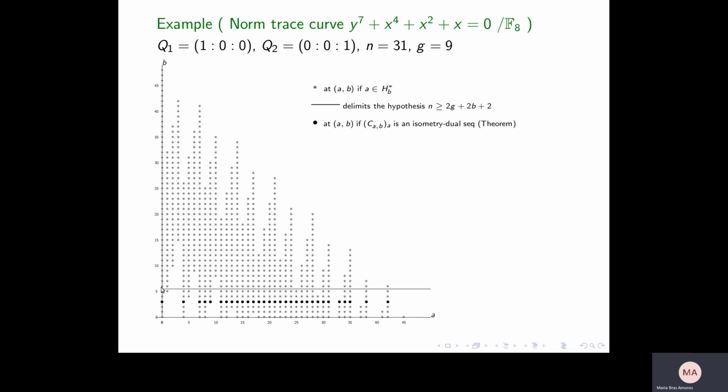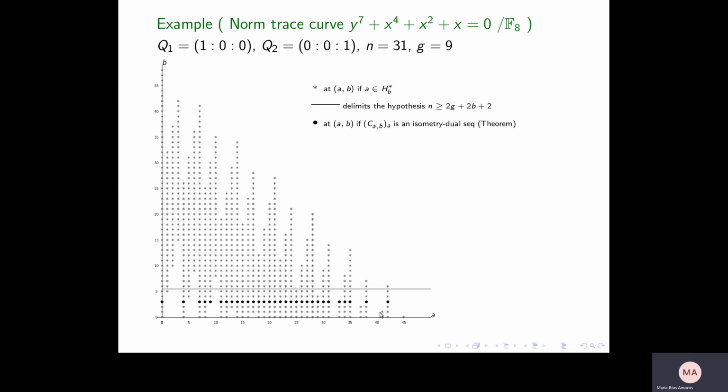From 3, we need to move to 6. H6, which corresponds to the H star 2 times 3, which corresponds to the stars in this horizontal line. This set attains the maximum, and indeed this star corresponds to the maximum given by the upper diagonal. This is why here we have an Isometry-dual sequence of codes.